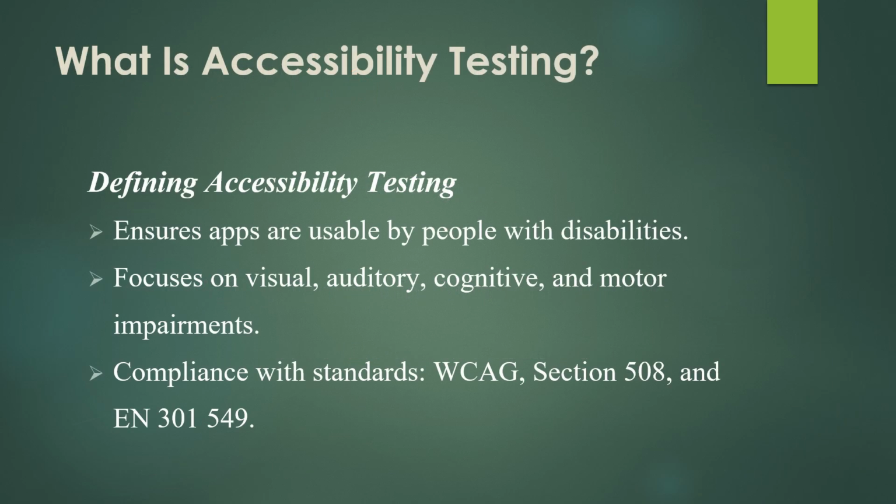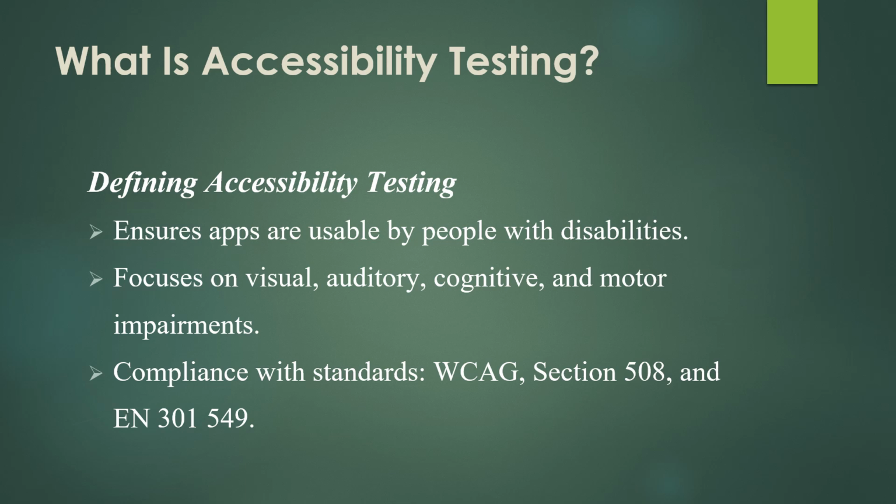Accessibility testing is the process of verifying whether your application is usable by individuals with various disabilities, such as visual impairments, hearing loss, motor difficulties, and cognitive challenges. This form of testing goes beyond functionality to ensure inclusivity.